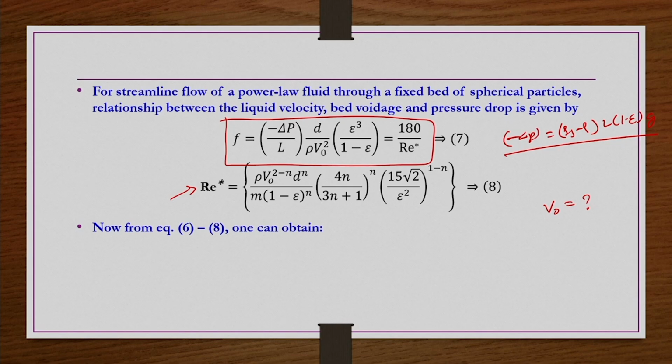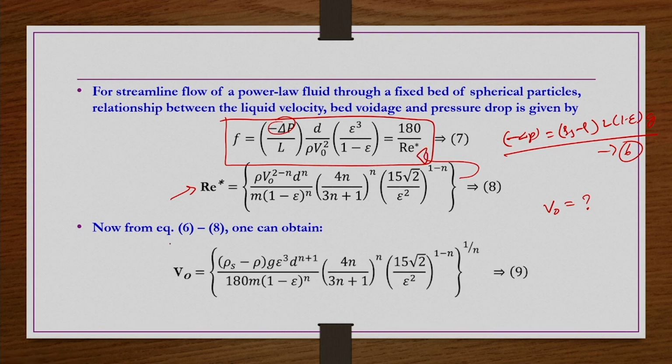That velocity you can get from equation 7, because delta P is known from equation number 6, and Re star is given by equation 8. So you substitute equation 6 in place of minus delta P, and equation 8 in place of Re star, and simplify, then you get V naught as this one.